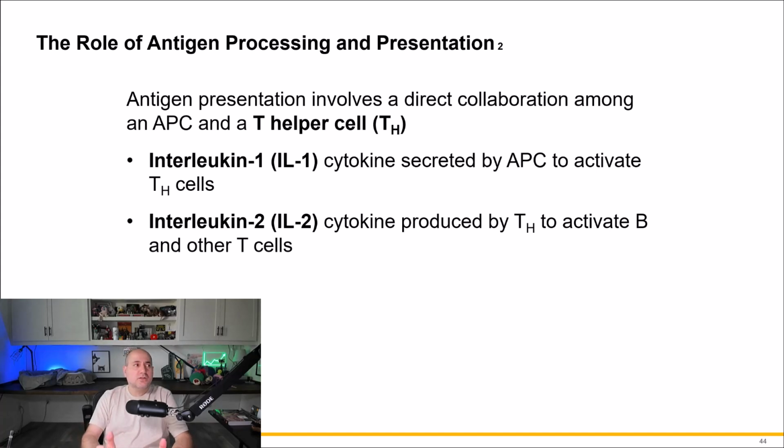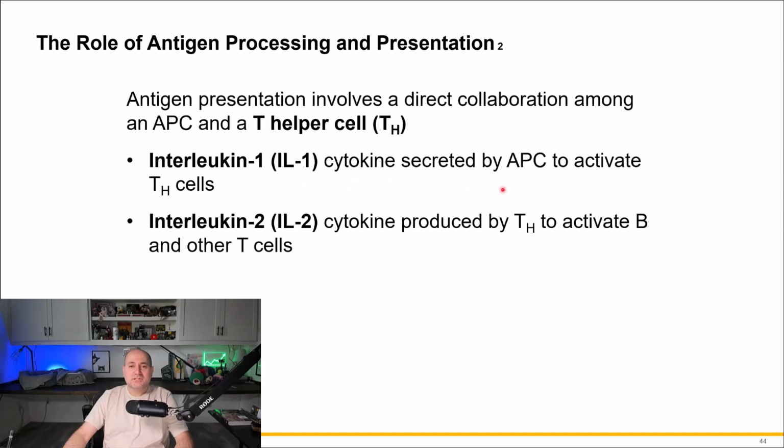And by the way, a lot of cellular signaling is happening during this immune response. There are cell signals called cytokines, including interleukin 1 and interleukin 2 that are important to understand. So interleukin 1 is a cytokine. And remember what cytokines are. Again, they are signaling proteins that are secreted that signal to other cells, right?